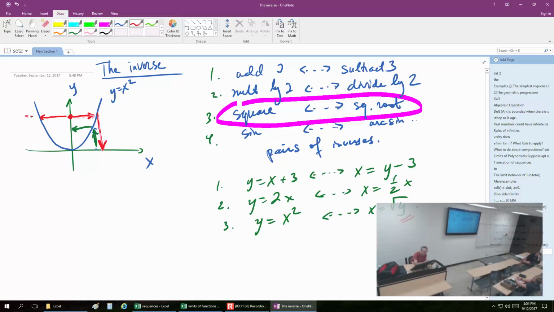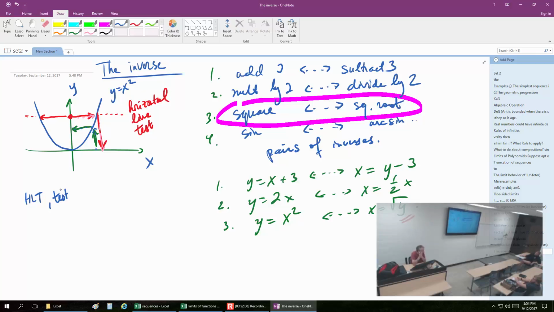In fact, you might remember what it's called. It's called the horizontal line test. Do you remember test for what? First of all, you do remember the vertical line test.